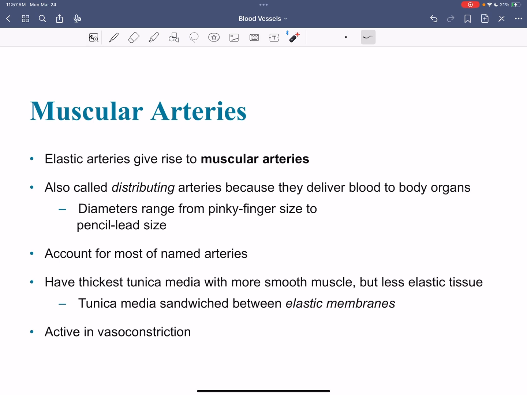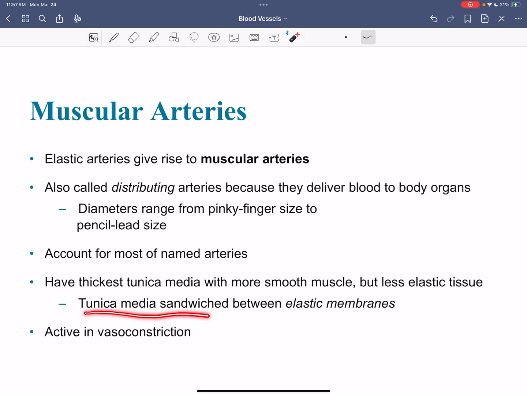Now, they have the thickest tunica media with a lot of smooth muscle, but less elastic tissue. And you're wondering why less elastic tissue? Well, hopefully by the time blood's gotten here, the first group of arteries have absorbed some of the pressure. So these ones hopefully aren't experiencing the really high and low pressure that we see.